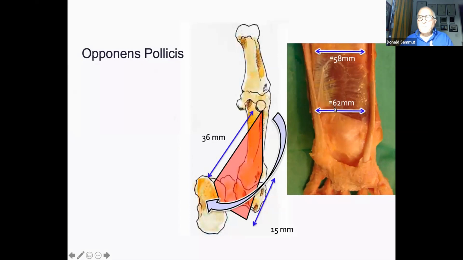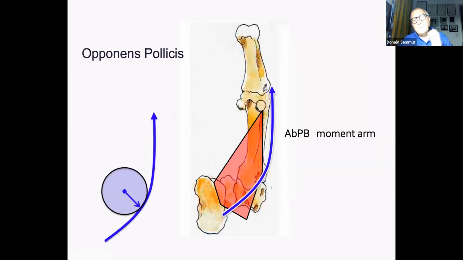And if you compare this with pronator quadratus, which has fibers very much of the same order, it may well be that the different length of muscle fibers mean that part of it is always active in any part of the opposition cycle. It's a possibility, it's speculation. Another idea of the opponens pollicis, I think, is slightly tenuous, is the fact that it pushes the abductor pollicis brevis away and increases its moment arm, much like a sesamoid would do when it wants to start abduction.